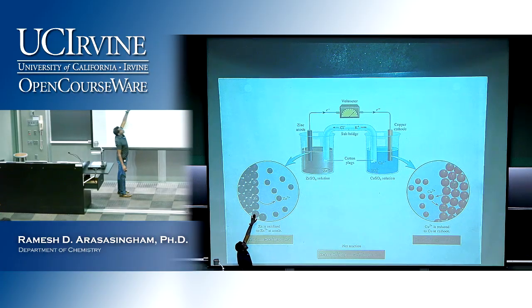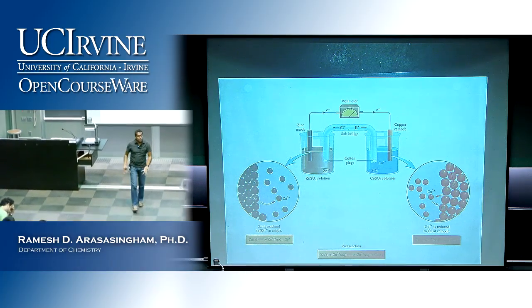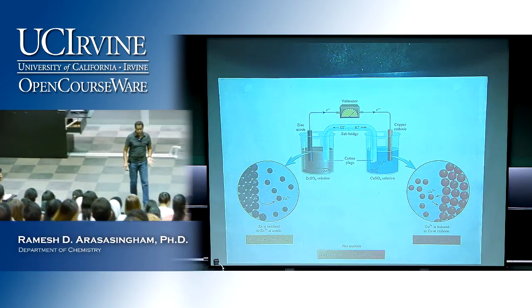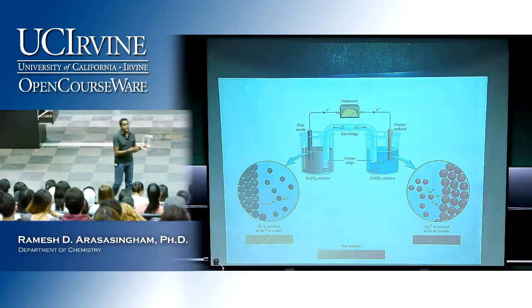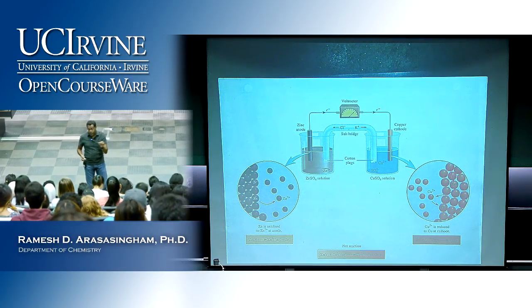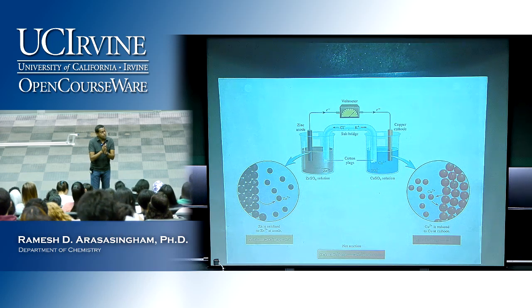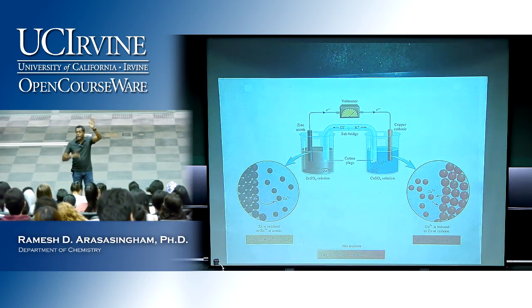The zinc electrode gives off 2 electrons, and it becomes zinc 2+ ions, and when it becomes an ion, it dissolves in solution. You guys see that? So what's happening at the anode is that the metal is actually dissolving, because the metallic solid is giving up 2 electrons, pushing them through the wire, and dissolving as zinc 2+.